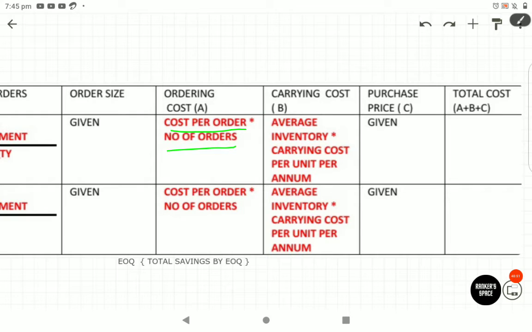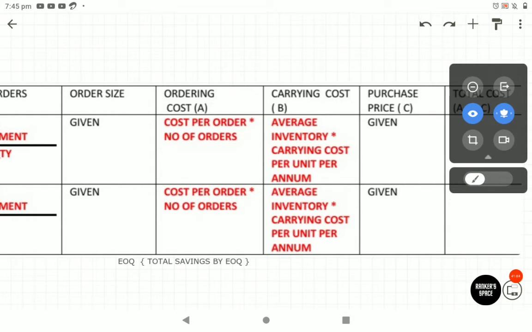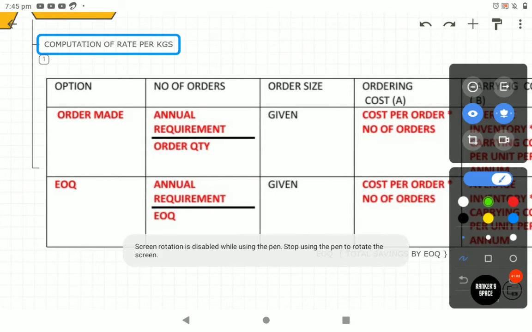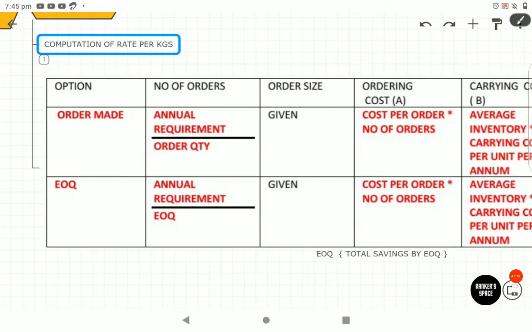Then carrying cost. One important thing that you should remember is that you have to take the average inventory. Here one order size is given, and you have to divide the order size by 2.